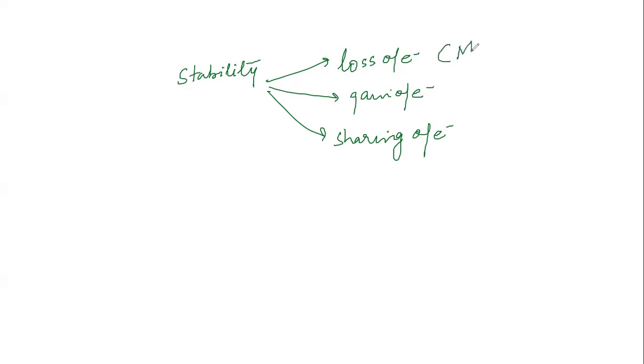To sum up, metals, because they have 1, 2 or 3 valence electrons, will lose electrons and become stable. The non-metals, because they have either 5, 6 or 7 valence electrons, will gain electrons to become stable, to complete their octet or the duplet. And then the metalloids, they will share the electron pair to become stable.